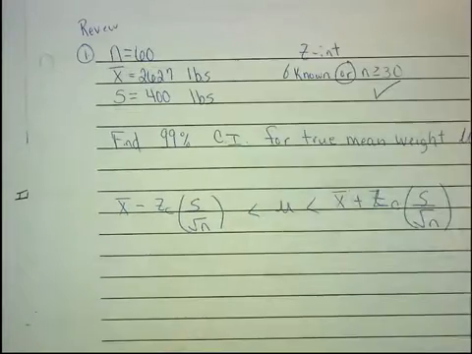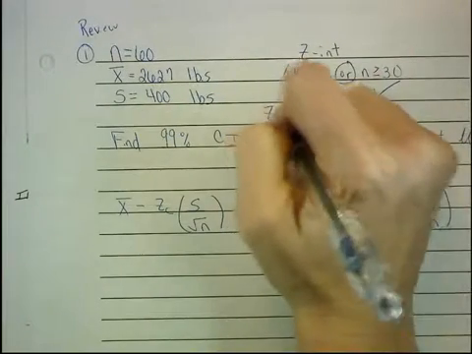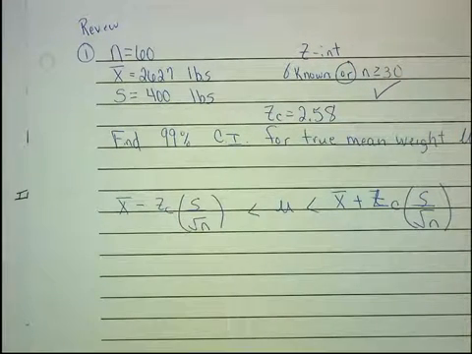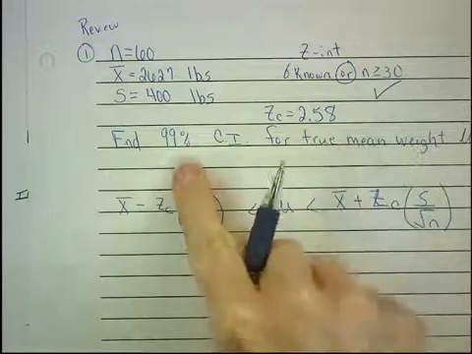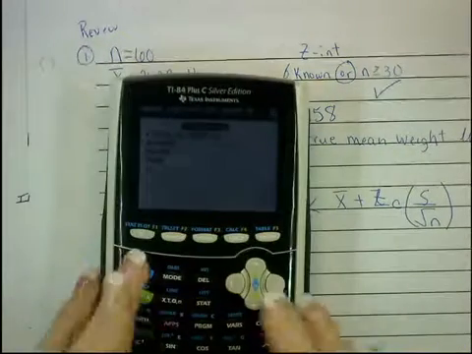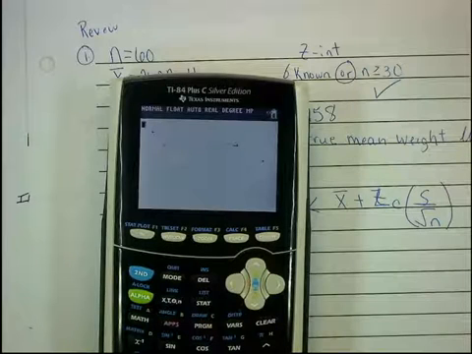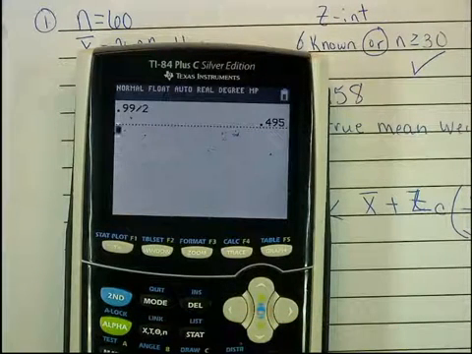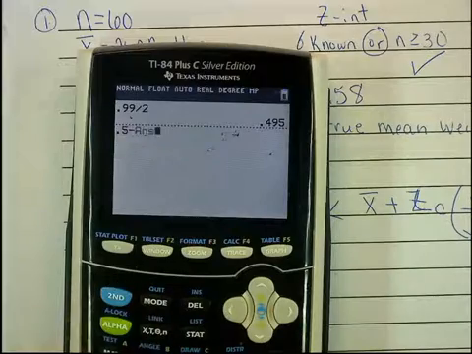If it's a 99%, the z sub c is 2.58. Remember, if you forget that, you will have to go through the procedure. You will take your degree of confidence, divide by 2. So half of 99% is 0.495, which is 49.5%. Subtract that from 0.5.